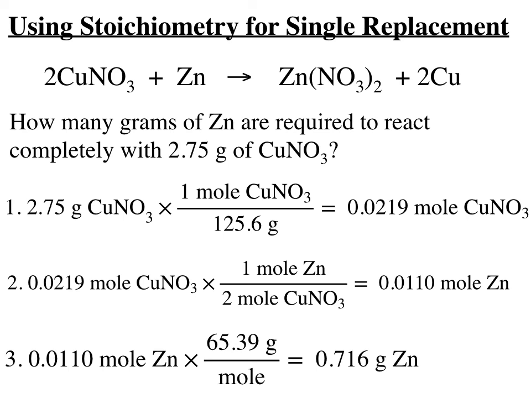So in step 1, I convert the mass of copper nitrate into moles. Then I use the stoichiometry of 2 to 1 to find the number of moles of zinc that is required to react with that copper nitrate. Then I can find the mass of zinc I would need to weigh out by changing the moles of zinc into grams of zinc, and I find that I need 16 grams of zinc to react completely with my 2.75 grams of copper nitrate.